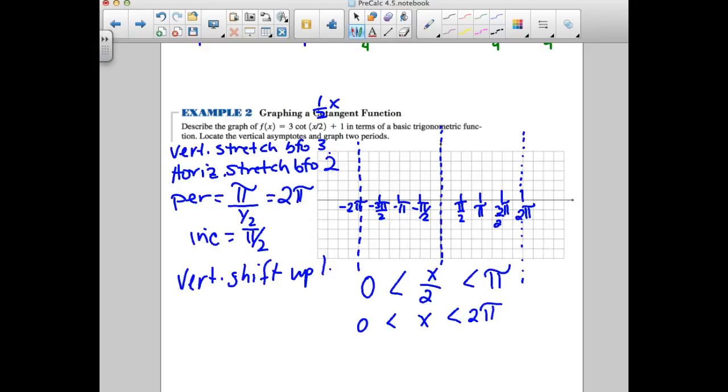But we've also shifted up 1. So if you don't want to put the first set of points in and you want to just wait and do the final ones, that's fine. But normally, if we didn't have the vertical shift, we would have a point here at +3, then 0, then -3. Does that make sense?